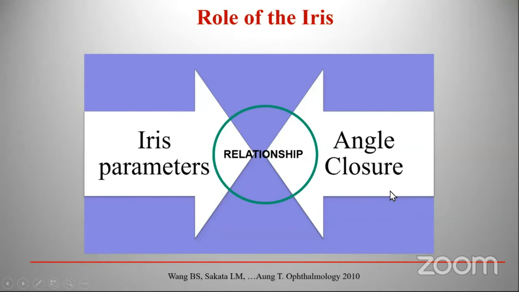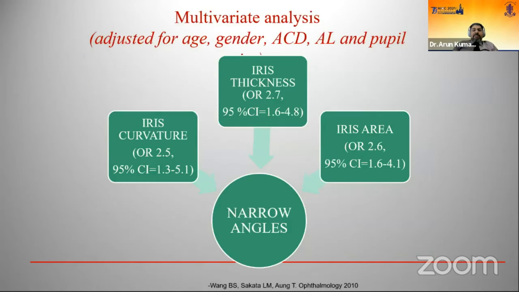Now, the AIOC on the whole has given us a broad overview and understanding about angle closure and its parameters, and many novel parameters, some of which are the iris parameters, such as iris curvature, iris thickness, and iris area. All of these were noted to be associated with a greater amount of narrowing of the angles and with angle closure.